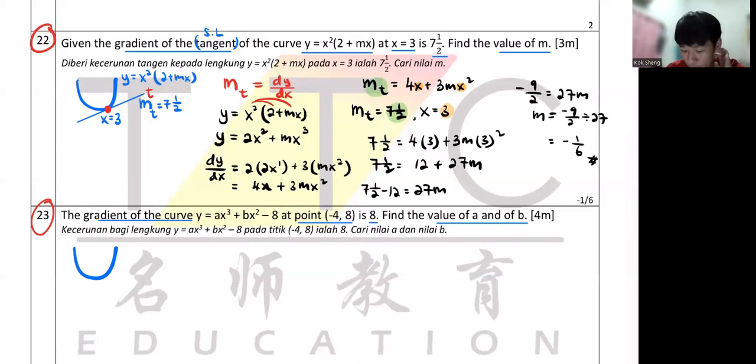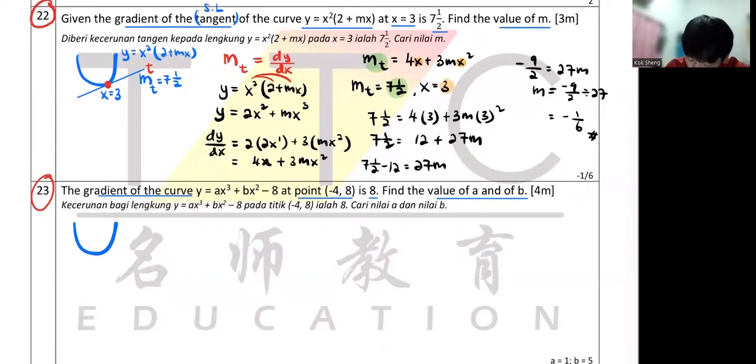So the gradient of the curve is equal to the gradient of the tangent. This one actually is mt. You differentiate the curve, you get the gradient. So you should know mt already. The mt should equal 8 in the end.